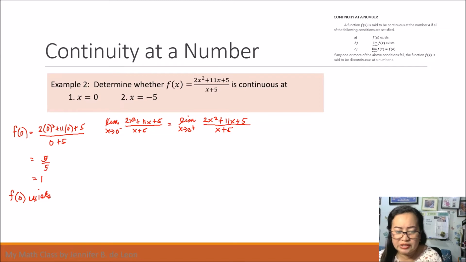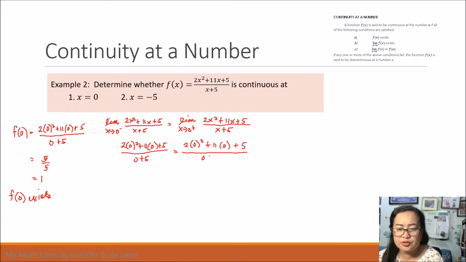So evaluating this, we will have 2 times 0 plus 11 times 0 plus 5. We will have 0 plus 5, and we need to show it's equal to this. We will have 0 plus 5 in the denominator.